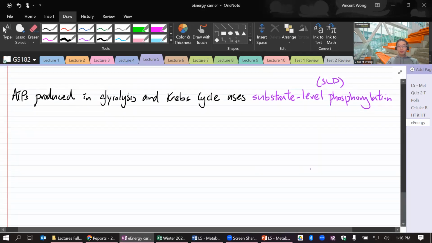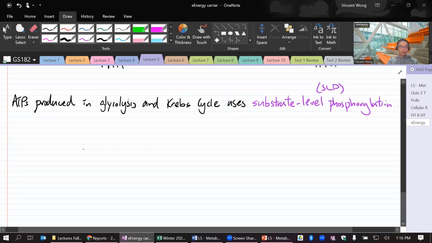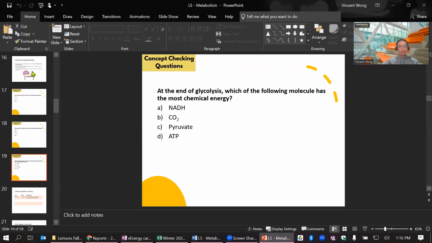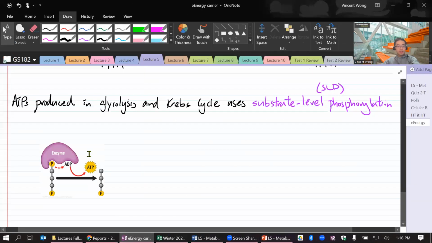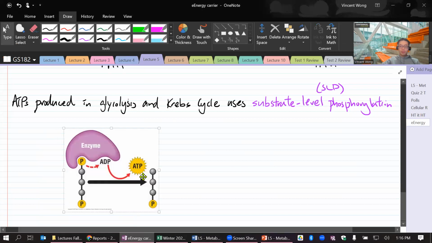So substrate level phosphorylation needs 3 things. We have an enzyme. You know what? I'm just gonna copy it from the PowerPoint rather than drawing it right here. Okay, so it requires 3 things. We need an enzyme to help facilitate, catalyze a reaction.